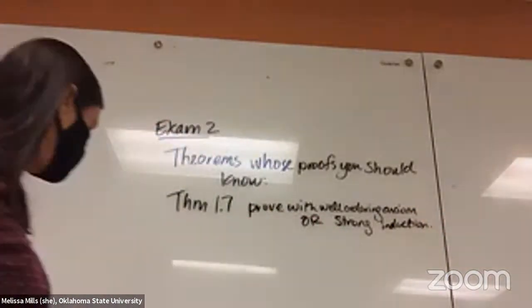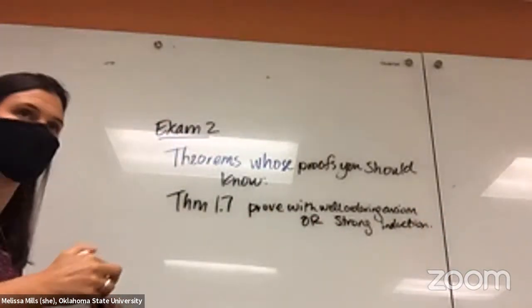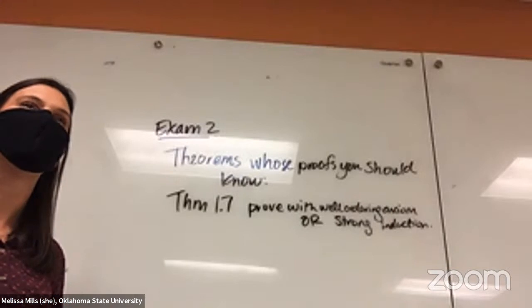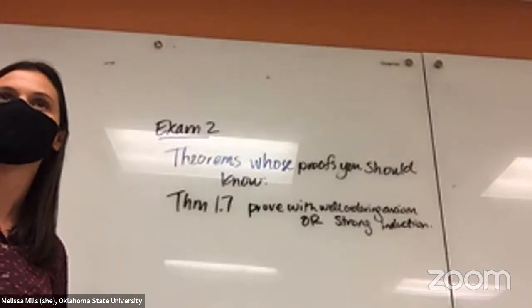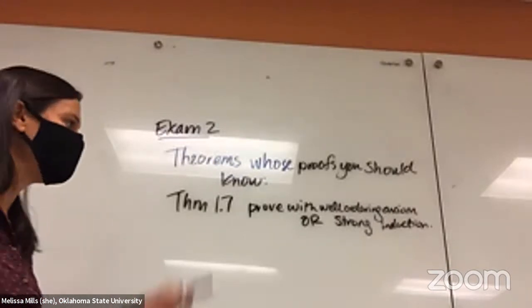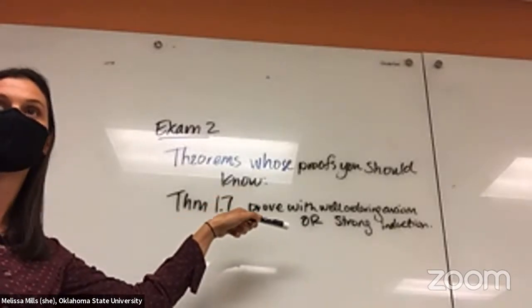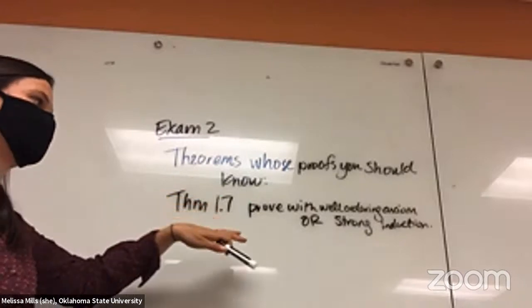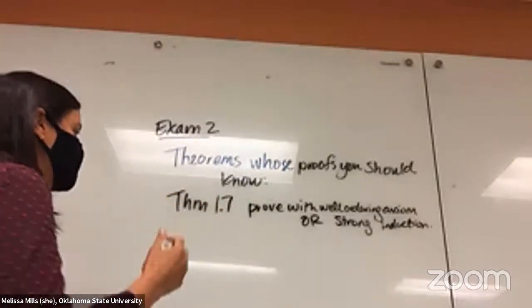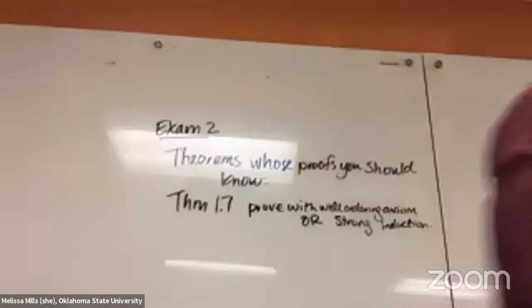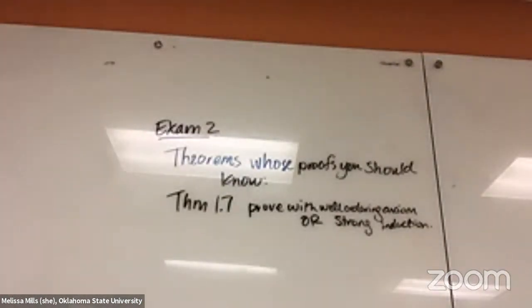We did both of those in class, but if you're not sure what I'm talking about, just let me know and I can talk through those proofs with you, okay? The well-ordering one is the one that's in the textbook, and we proved the same theorem with strong induction also in class. So that's the main one from that section. And it's not long, none of these proofs are that long.